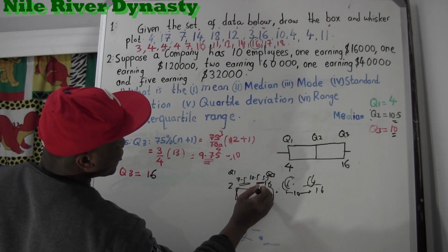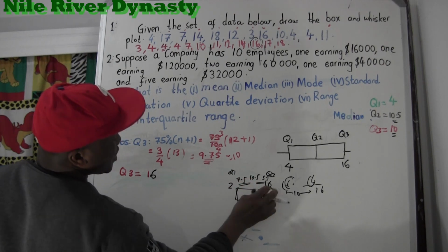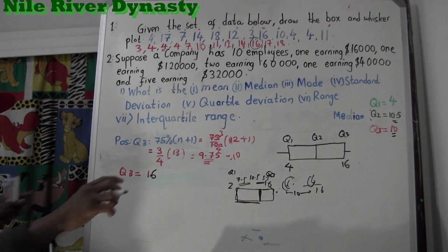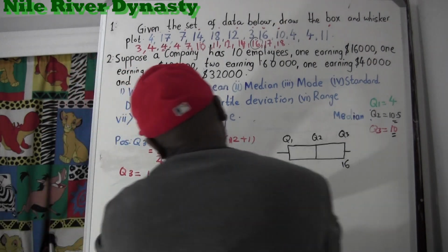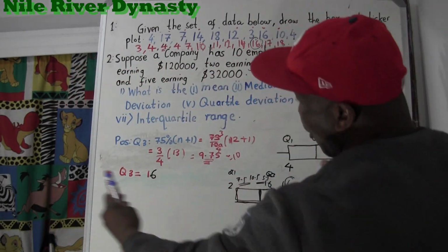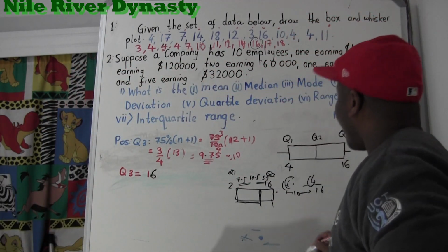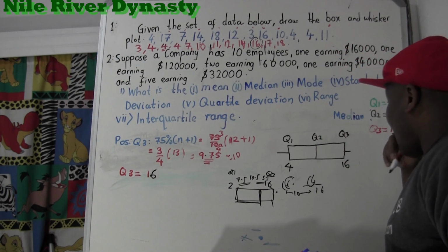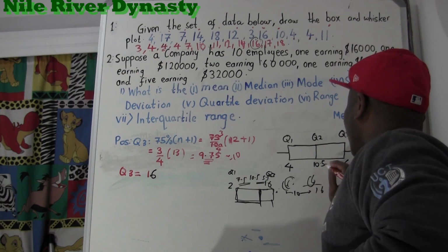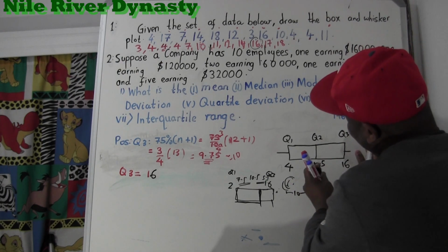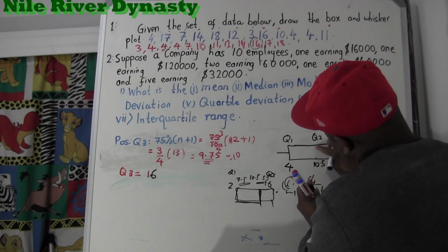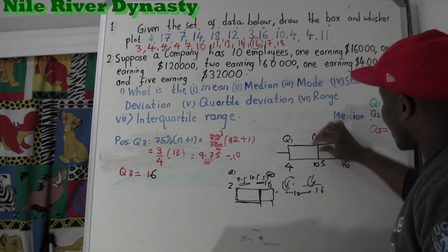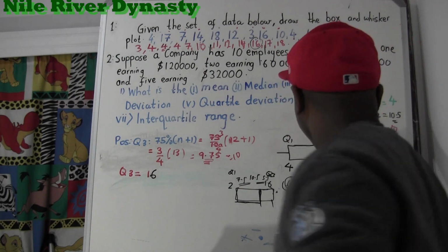So if I draw, it's closer to the right. So it's distributed to the left, meaning on the left there is more length compared to the right. You know what I'm saying? So this is 5.5, because if this is quartile 2, 10.5, so it's going to be slightly like this. We say it's distributed to the left because there's more space to the left.